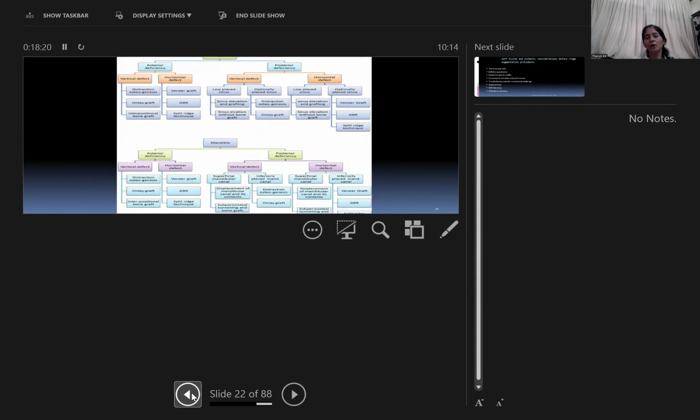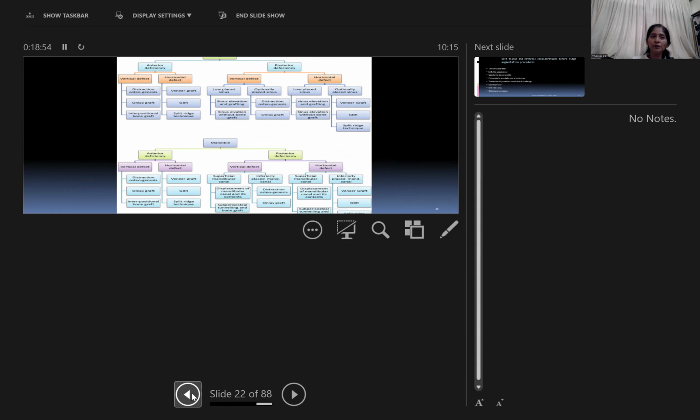And for hard tissue, we know that maxillary bone is quite different from mandibular bone. Maxillary bone is more cancellous in nature, and mandibular bone is more cortical in nature. So if you follow this defect flowchart, based on whether you're working with a vertical defect or a horizontal defect, there are various augmentation treatment options given, whether it be a simple interpositional bone graft or a split ridge expansion for the maxillary, and for the mandibular, you can go in for guided bone regeneration.